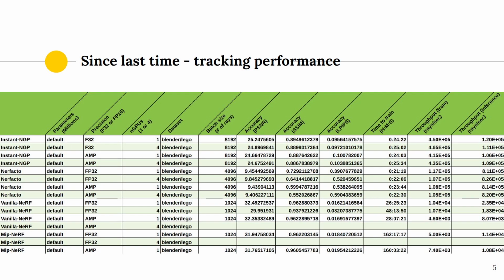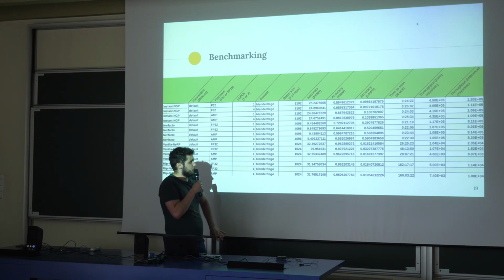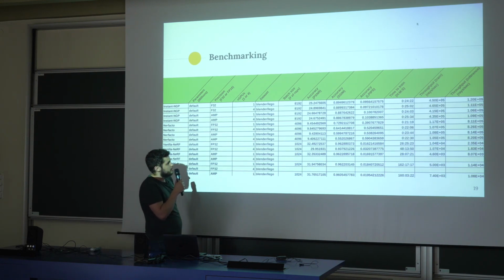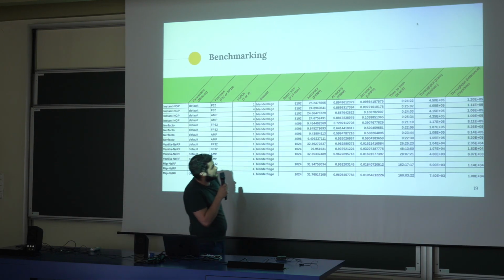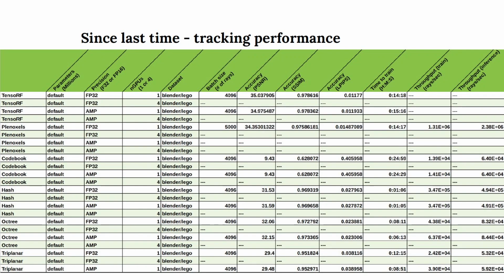It looks more at where the pixels are, and LPIPS is based on a similarity between feature maps from processing that image by some neural network. And it turns out that this is a good way to compare images. And as I said, there's also time to train and throughput measured. From this, we realized that hash NeRF performs very well.